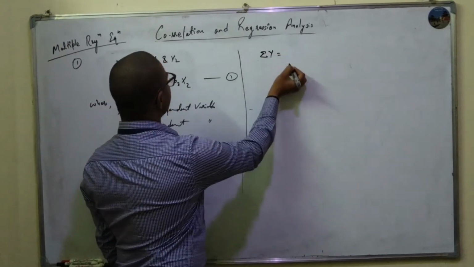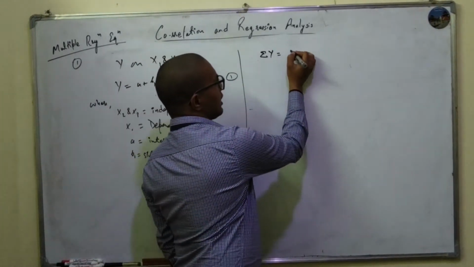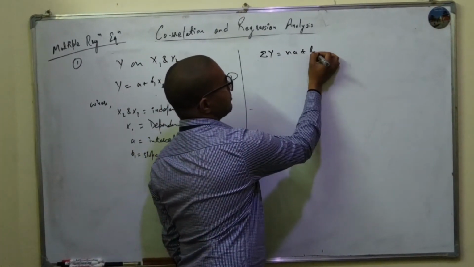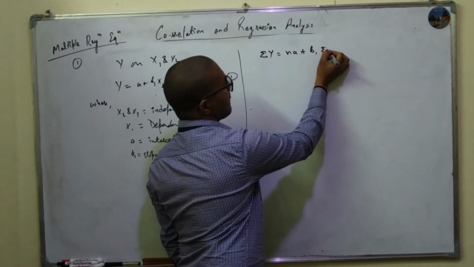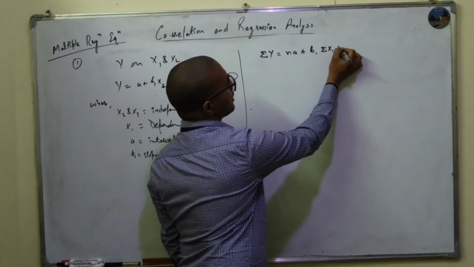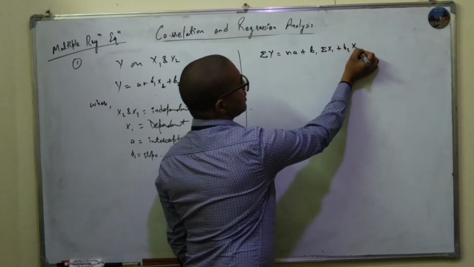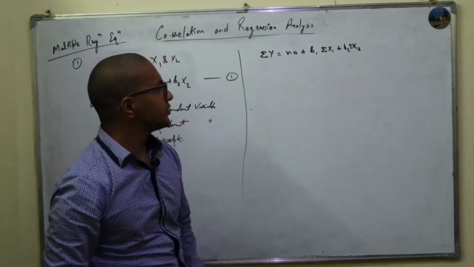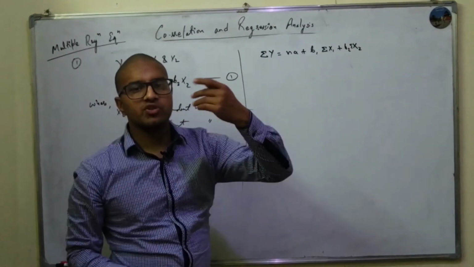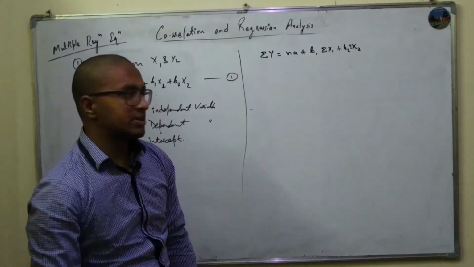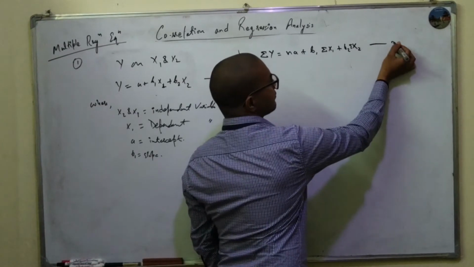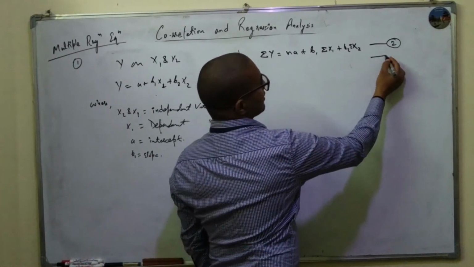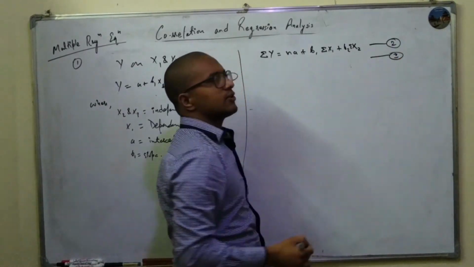Σy equals n times a plus b1 Σx1 plus b2 Σx2. This is your equation after you applied the summation. This is the second equation. What will the third equation be?